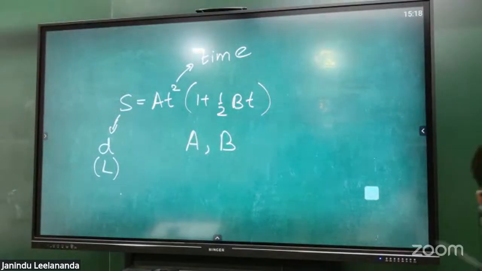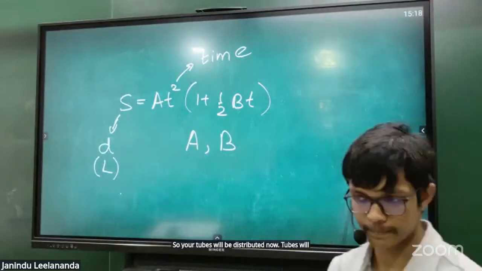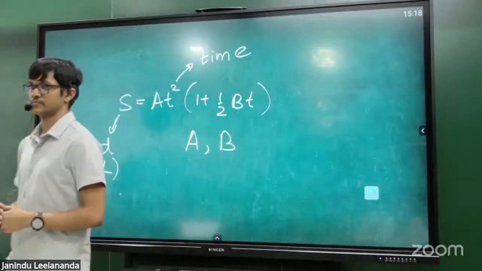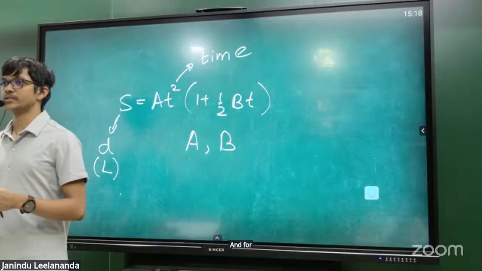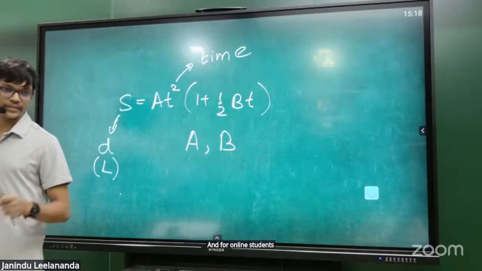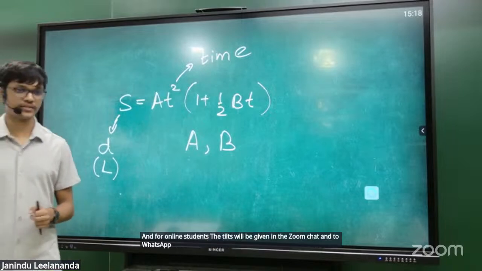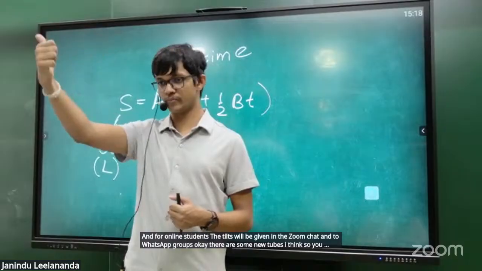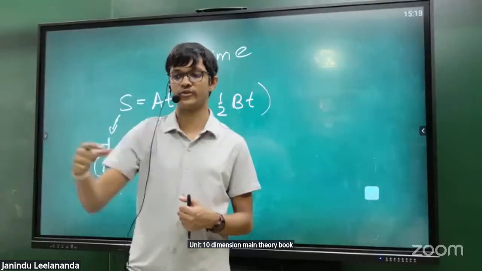So your tutes will be distributed now. And for online students, the tutes will be given in the Zoom chat and the WhatsApp groups. There are some new tutes: the workbook, the units and dimensions main theory book, and this paper where you have to fill blanks.